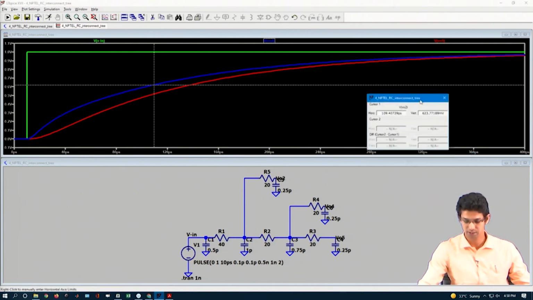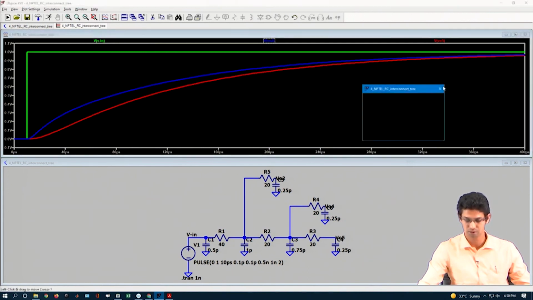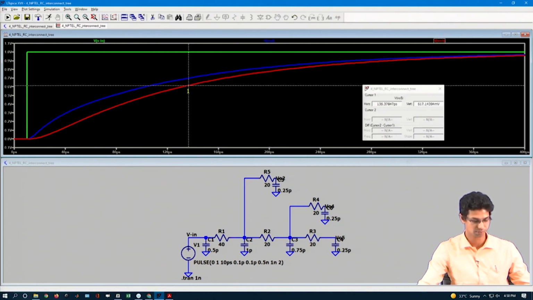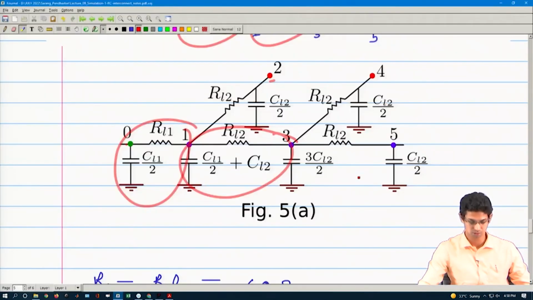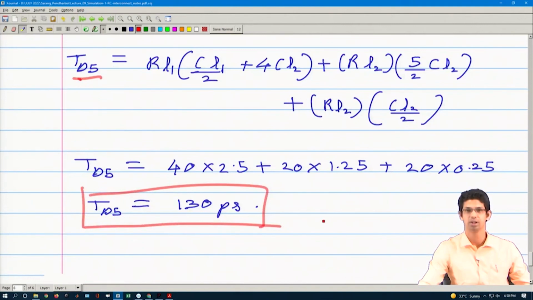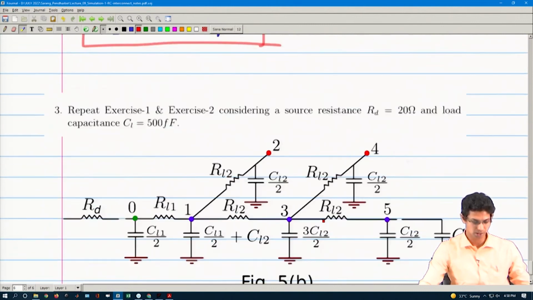So, you can check this out for V out 2, and if you want, you can check it for V out 5 as well, right. So, these are the theoretical values, you can compare with that, right.